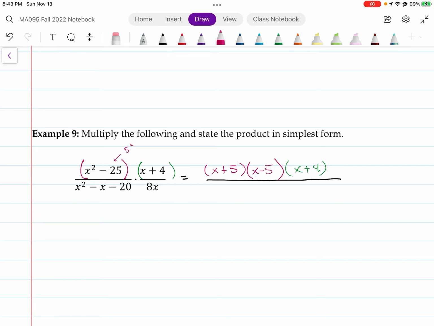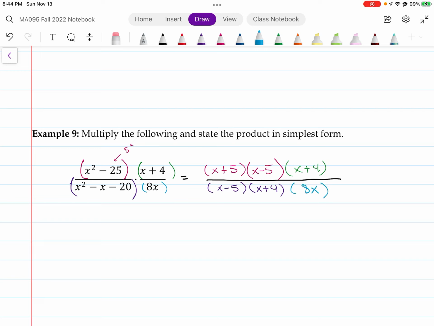All right. Okay, so now let's do some purple on that one, and let's factor it. So it factors 2, x minus 5, and x plus 4. Let's double check that. I get negative 20, and I get negative x. All right, and then the last one is the 8x, so I'll write it like that.